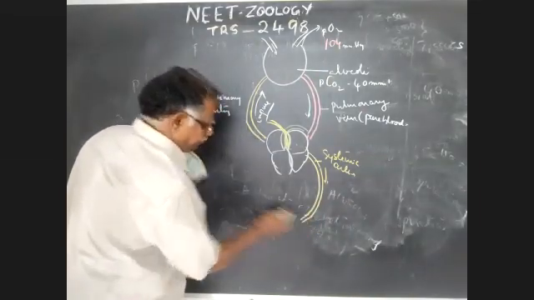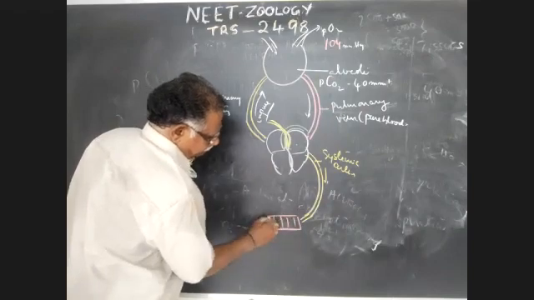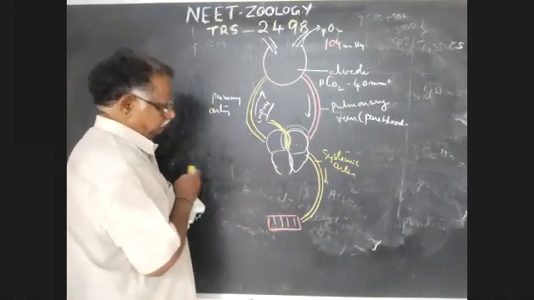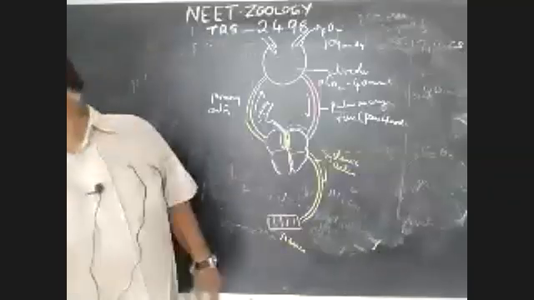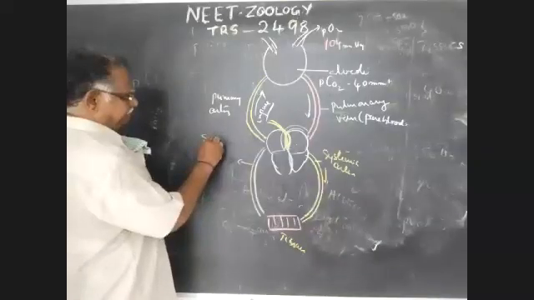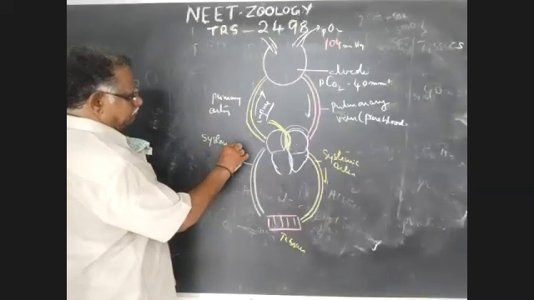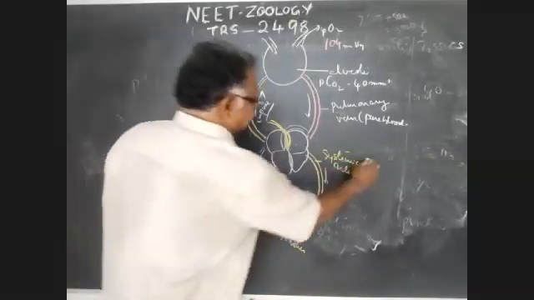The systemic part supplies the tissues. From the tissues, again, systemic veins carry deoxygenated blood.